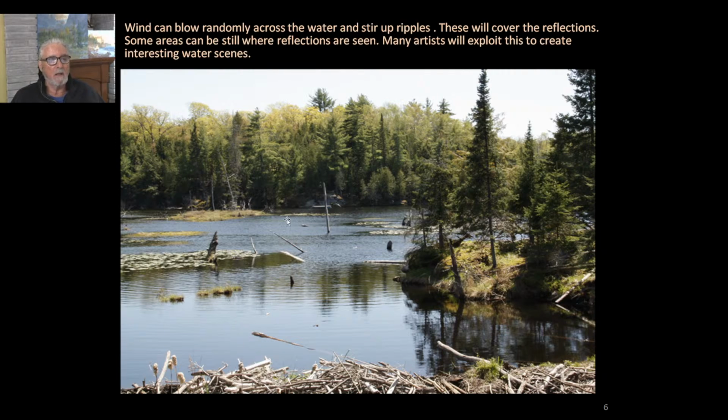So you can see that over here, you can see these are shimmers, right? That means the wind is blowing across the lake and it's disturbing the water. Whereas this over here serves like a wall. It's blocking the wind, so you can see the reflections here. So the combination of both is very nice to have that.